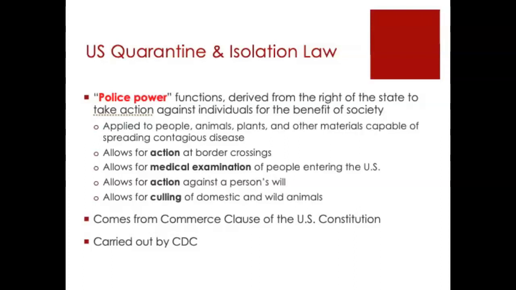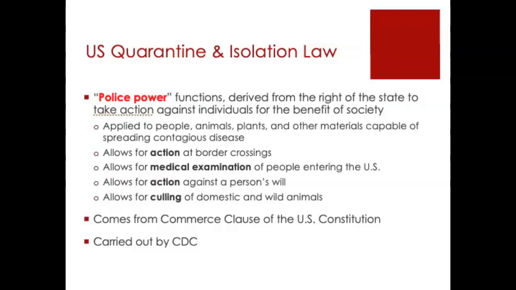The quarantine and isolation laws do allow for government authorities to take action against someone against their will. A lot of what we've seen implemented in our country in recent weeks has been voluntary, but it is legal for states and the federal government to take actions against people's will.